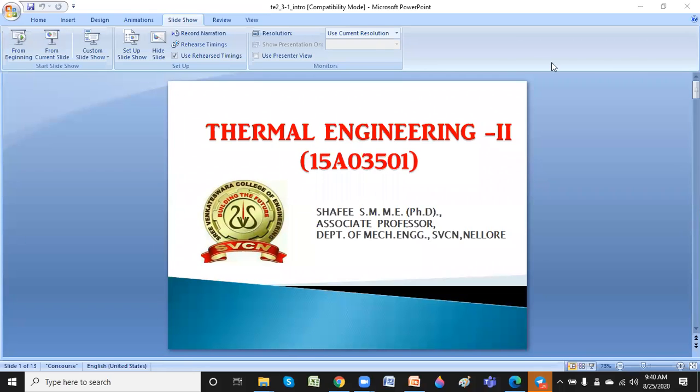Right. So today's class, what we will concentrate on is how to see the steam tables and what are the different properties I have to see as part of the steam tables.